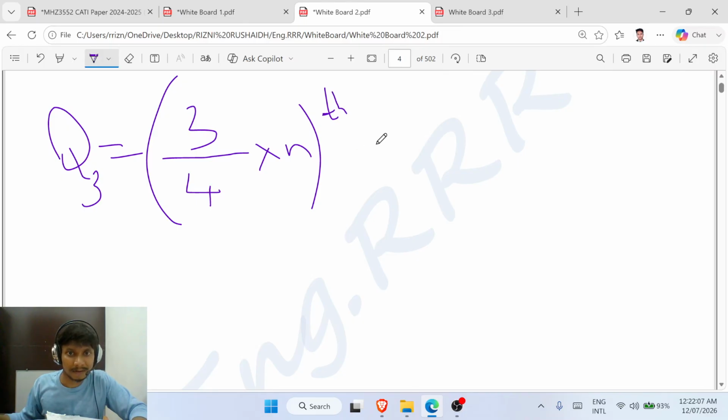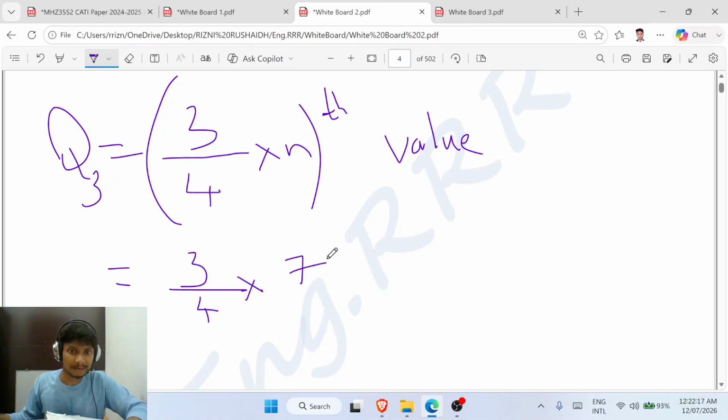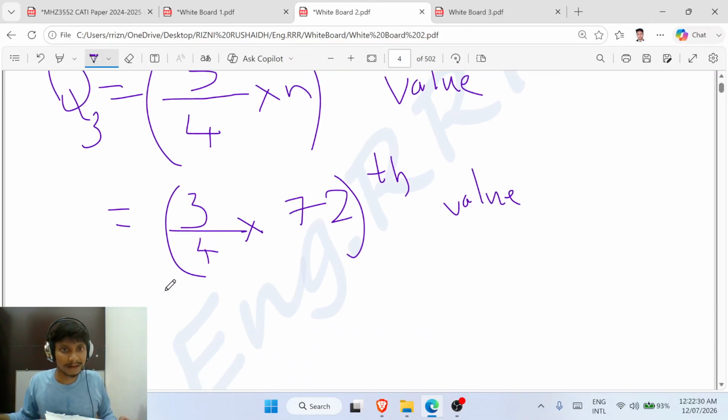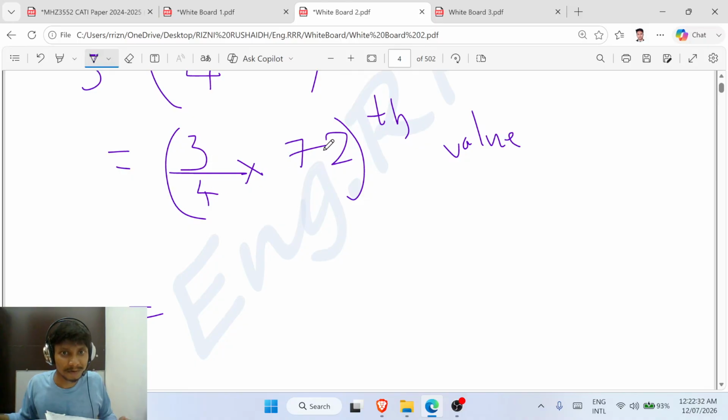What is n? 72, the total observations. So 3 by 4 into 72 value. Don't forget this word value. Don't just write that Q3 is equal to 3 by 4 into 72. No, this is wrong. It is 3 by 4 into 72 value.